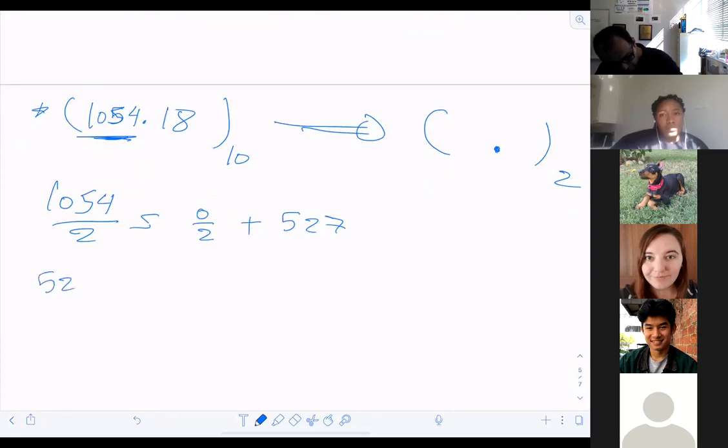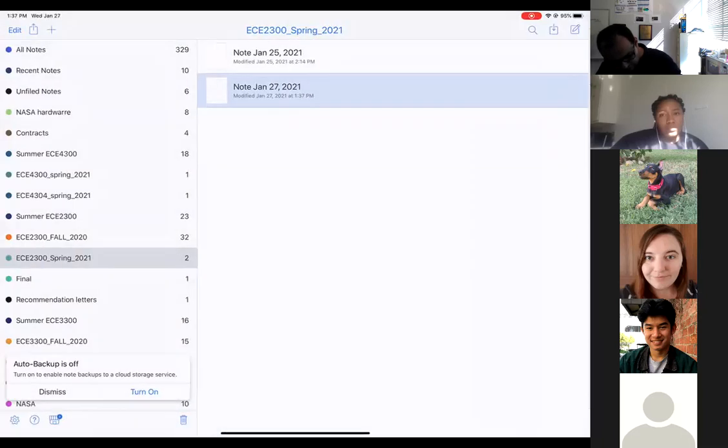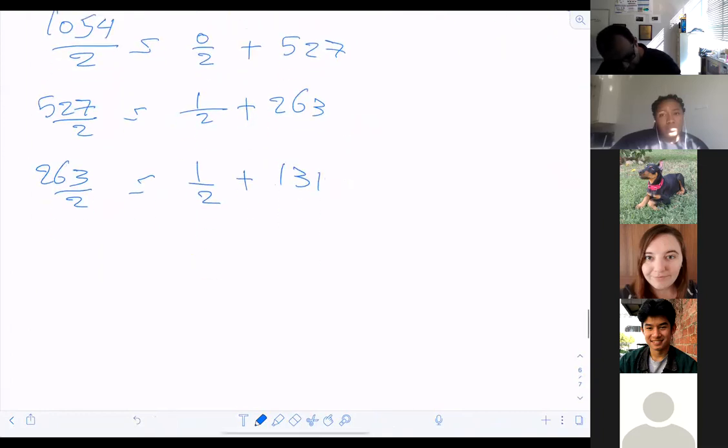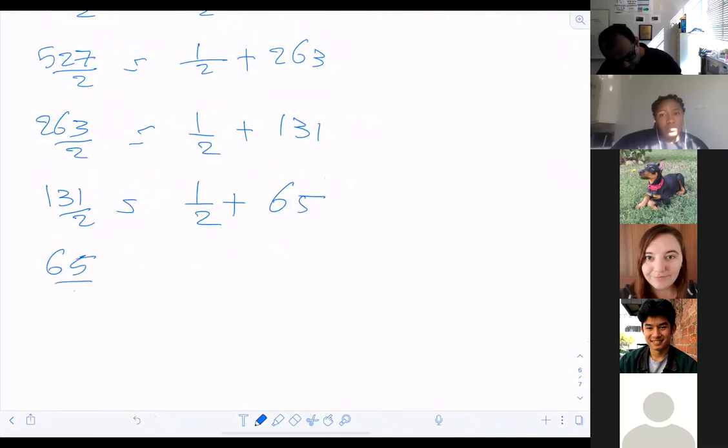So 527 divided by 2 is going to be, there is a fraction here, so it's half plus 263. 263 divided by 2 is going to be 131 plus half. Then 131 divided by 2 is going to be 65 plus half. 65 divided by 2.